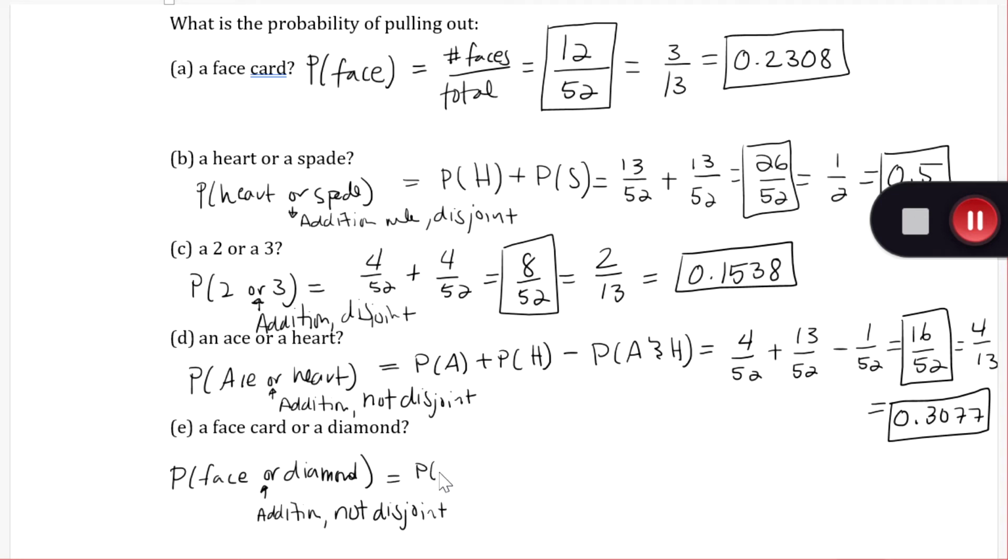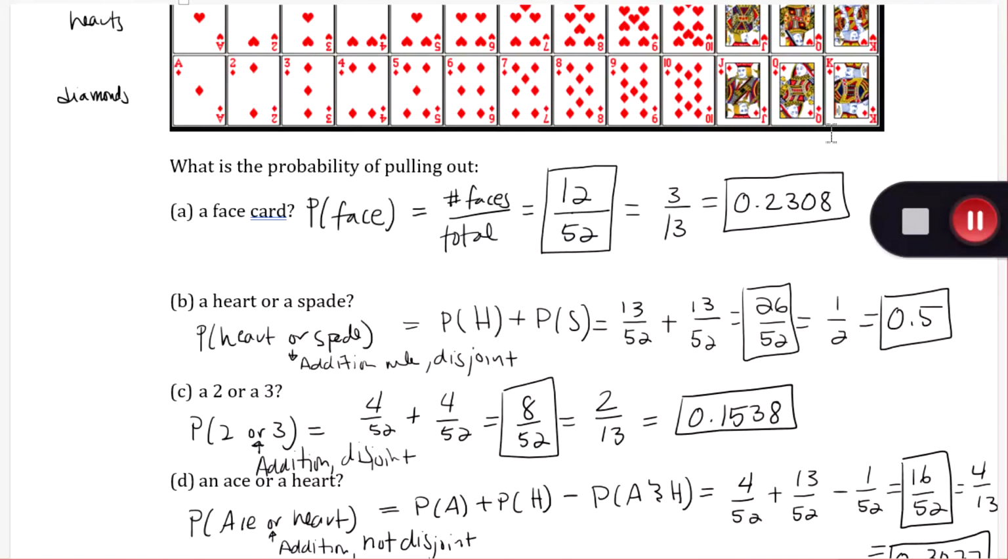So probability of a face card plus probability of a diamond minus the probability that they are simultaneously a face card and a diamond. Probability of a face card, remember we had it up here, it's 12 out of 52, plus probability of a diamond, there are 13 diamonds out of a total of 52 cards, and then minus the times that we are a face card and a diamond simultaneously.